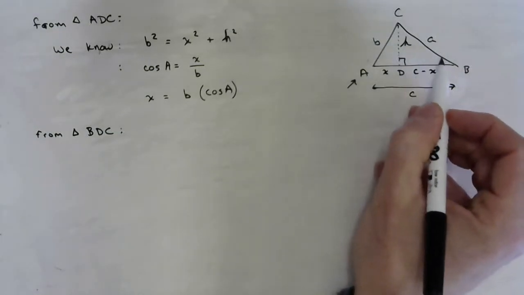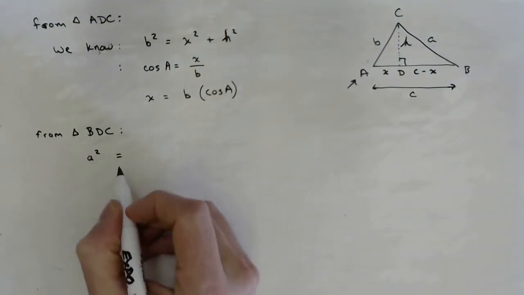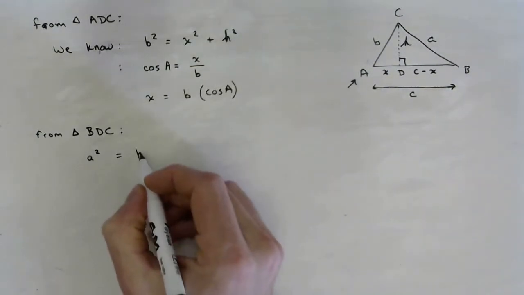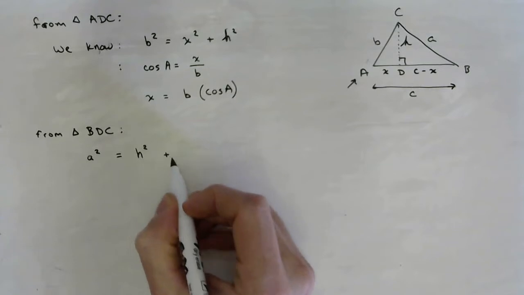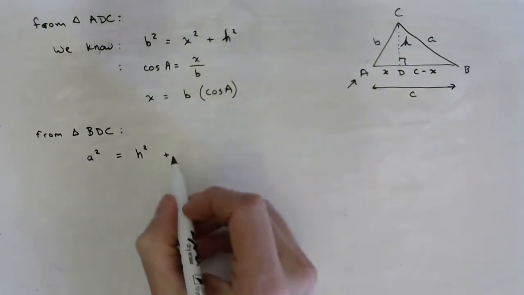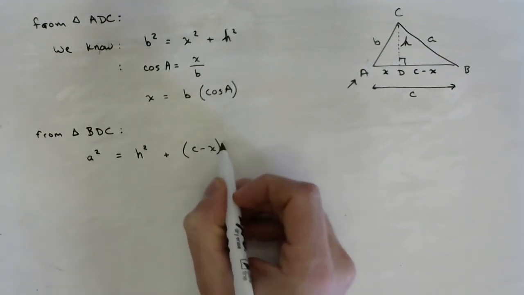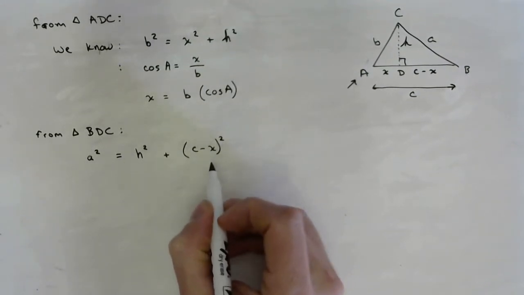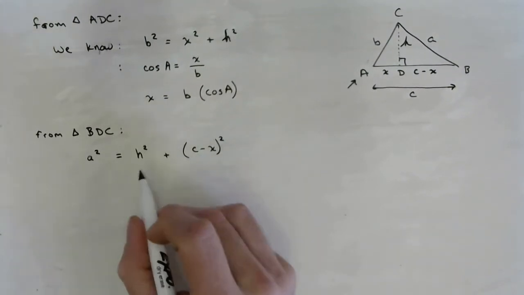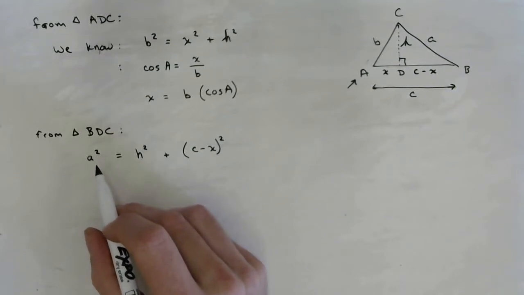In this case, the hypotenuse is A. So we've got A squared, and it's going to equal H squared plus the side length of the base here, which is C minus X. I need to make sure I put that in brackets. That's the side length of the base, and that's going to be squared. So I have the sum of the squares of the legs equal to the square of the hypotenuse.